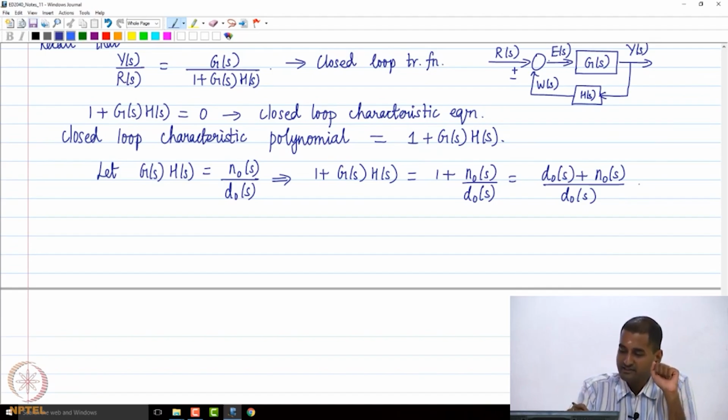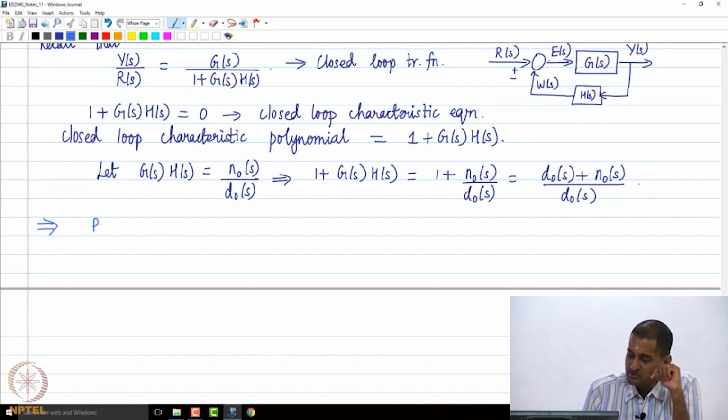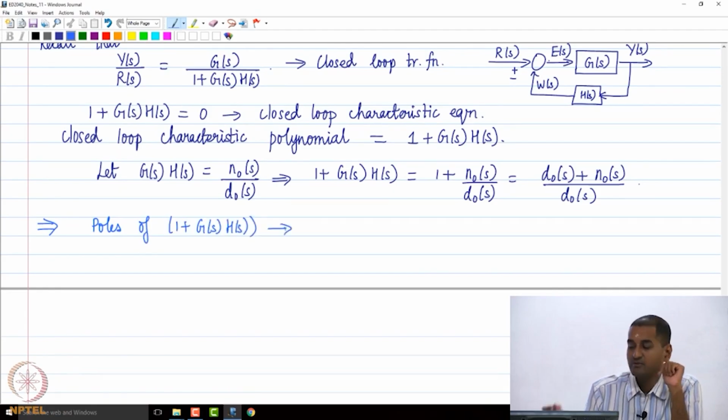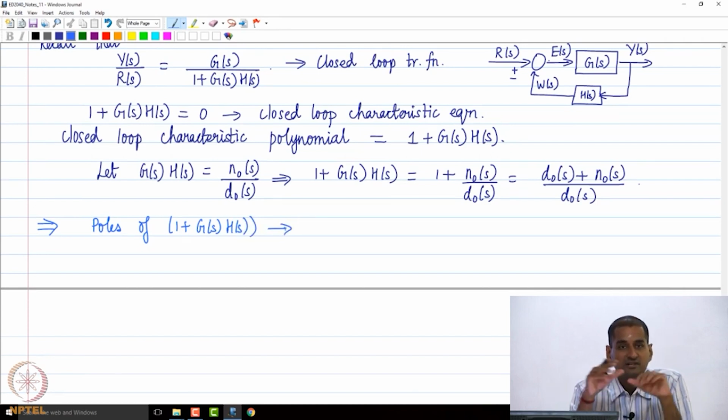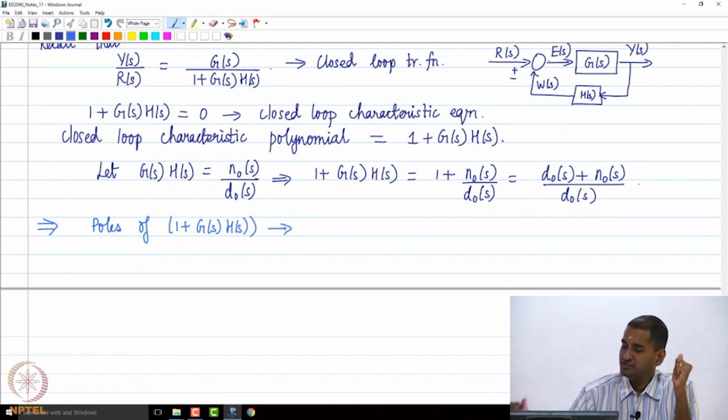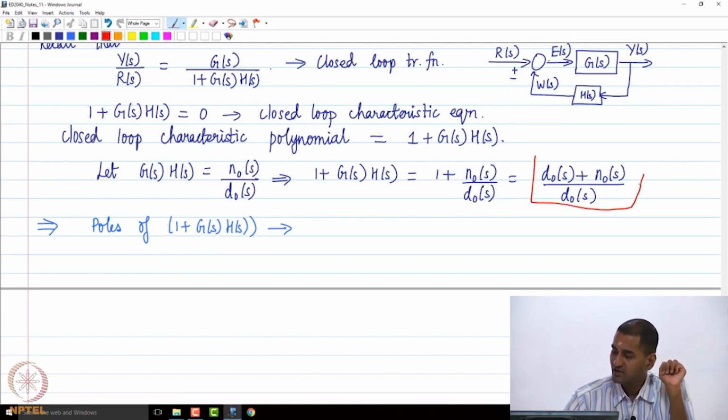So, you can immediately see that the poles of 1 plus g of s h of s are, what are they? If you consider the closed loop characteristic polynomial 1 plus g of s h of s, that is going to be a ratio of 2 polynomials in s, is it not? What is the denominator polynomial?